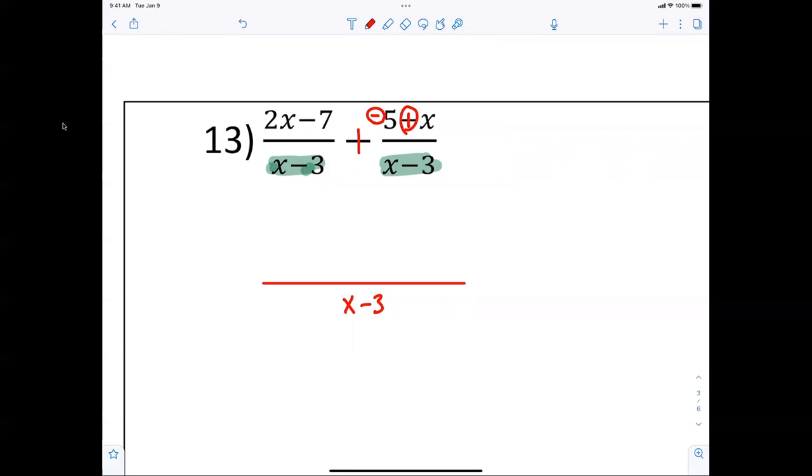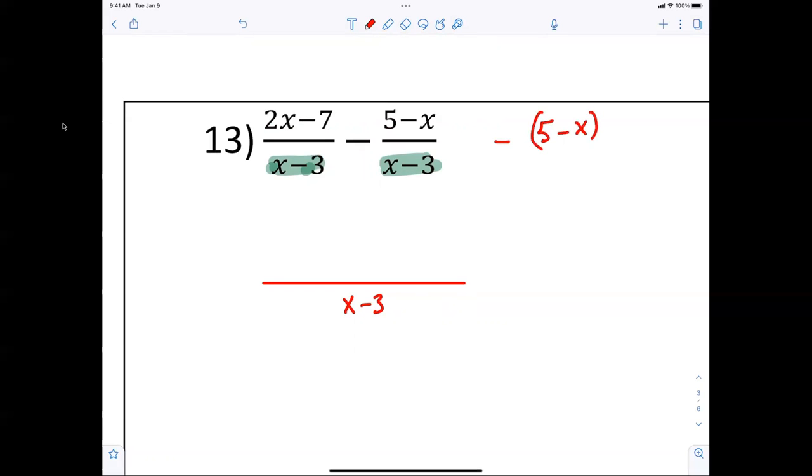Now, why do we do that? Because if you don't, most people don't understand I'm subtracting 5 and subtracting negative x. That's essentially what you're doing when you put a minus sign there. I'm subtracting 5 minus x.